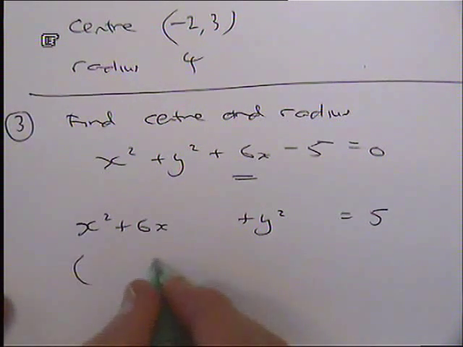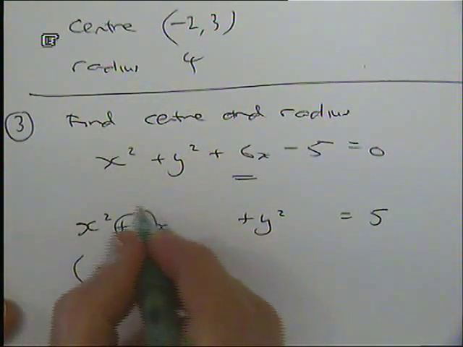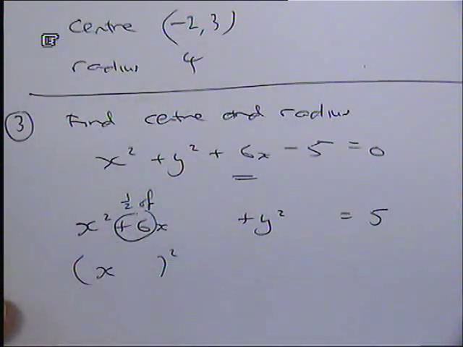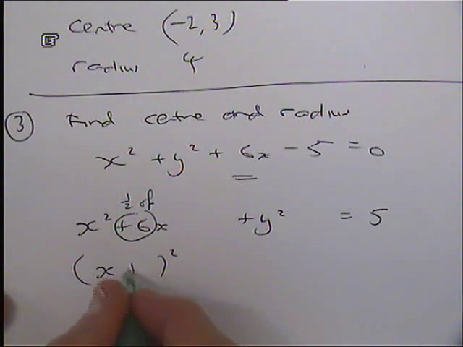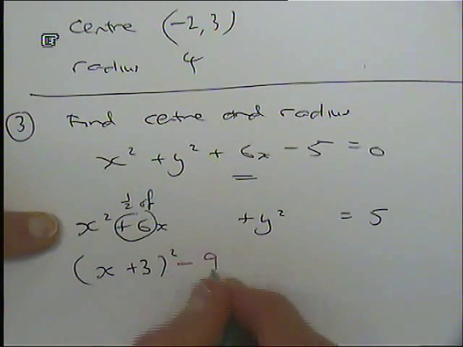So, this I want as a bracket here. And what we're doing, we're saying we look at this and we do half of that. So half of that is plus 3. Now, if I multiply that bracket out, I'm going to get something which is not on the line I'm pointing at, so I need to take that 9 off.